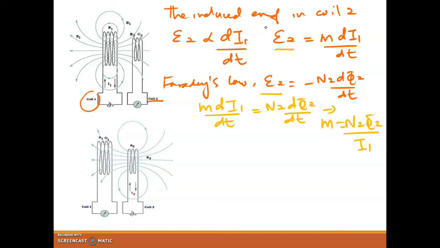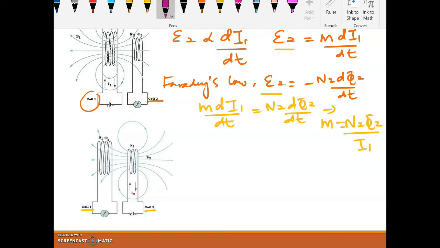So then, look up and take a look at this figure. For this figure, the current in coil number 2 changes at rate dI over dt, the magnetic flux will change at dΦ2 over dt. This will be experienced by coil number 1.